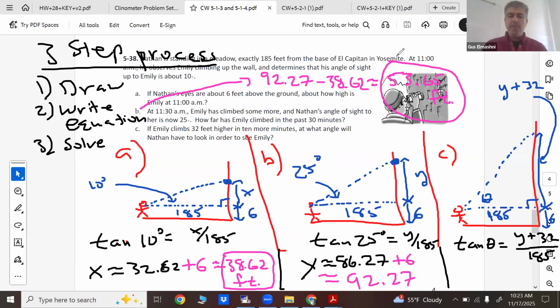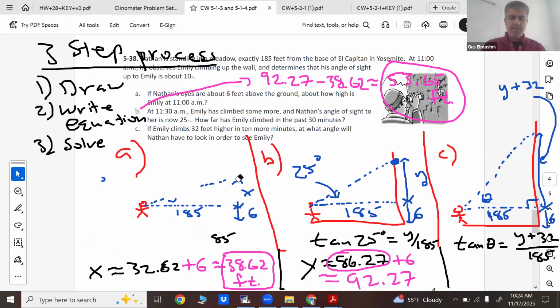Now for part C, we know what y equals. But remember, you have to use y, not 92.27. So that's what y equals. Let me get rid of this stuff here because we already got that all figured out.